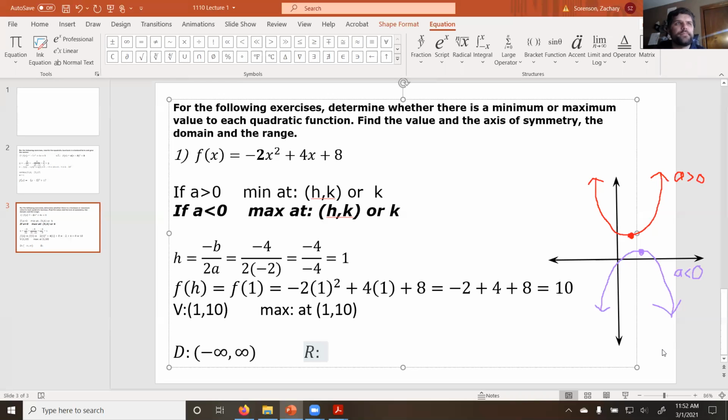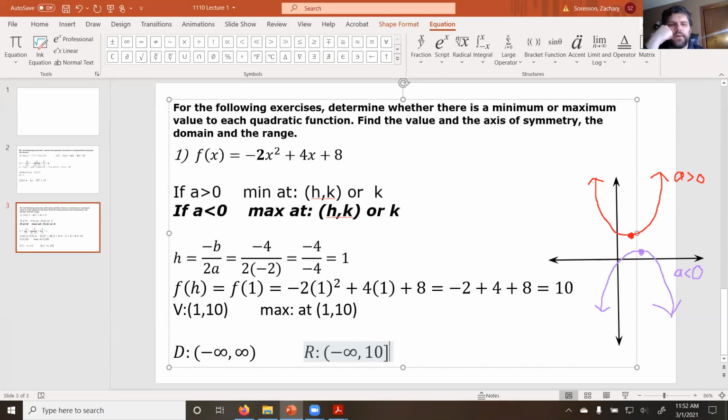Range is negative infinity to 10. Let's just type it out. Negative infinity to 10. How did you get that? Well, we know our max is at 10, so we know that the graph doesn't go any higher on the y-axis than 10.